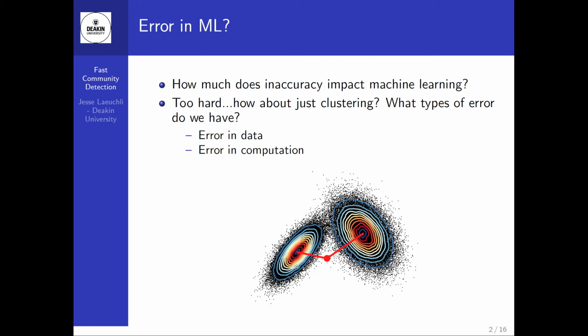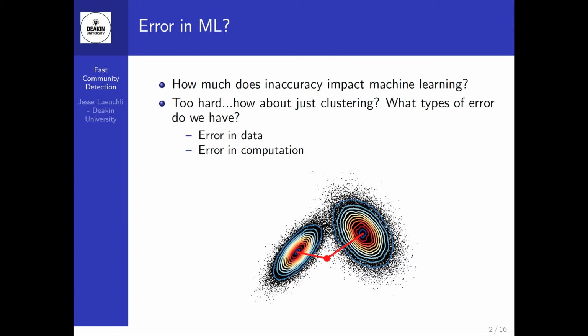There are a couple of different ways we could introduce inaccuracy into this. We could drop elements of our matrix, and this is very attractive because if you have a sparser matrix, the computation is much faster. For example, if I use a nearly linear time solver to compute my eigenvectors, and I drop one order of magnitude of the edges, my final computation for the eigenvector will be an order of magnitude faster.